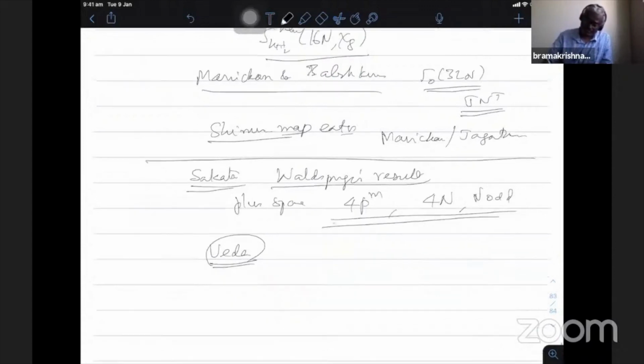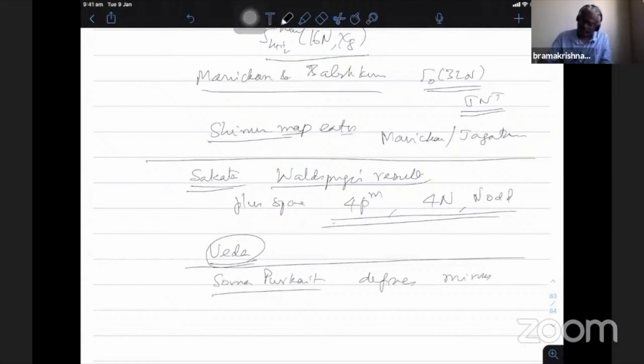There are recent papers by somebody called Soma Purkait, using some different techniques. She defines a minus space. I have not seen this paper completely. What she does is that the space of newforms S_{k+1/2}^{new}(4n) is obtained as some minus space.